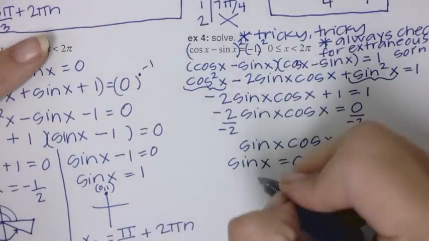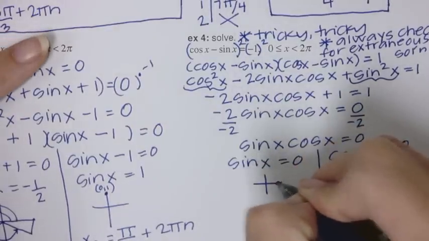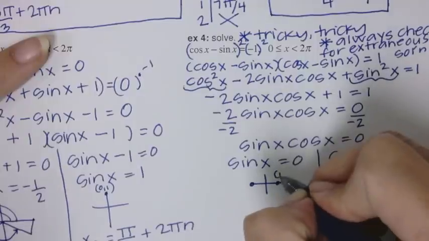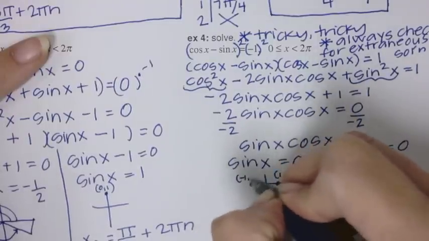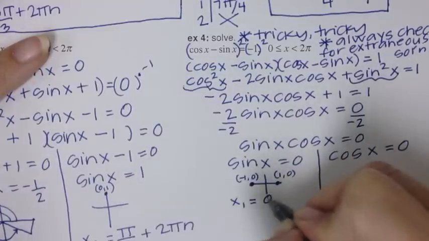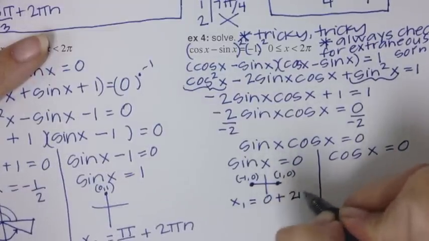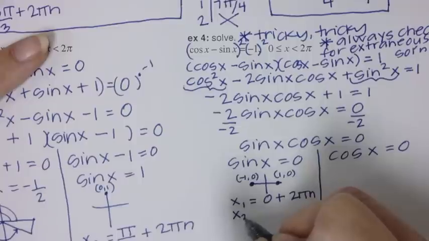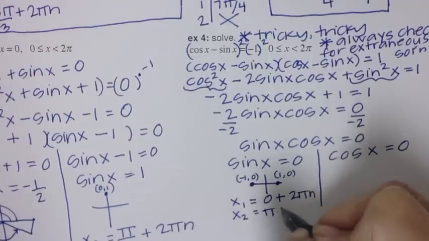So the sine of x is equal to 0 because it goes with y here and here. So I have 0 plus 2 pi n, and I have pi plus 2 pi n.